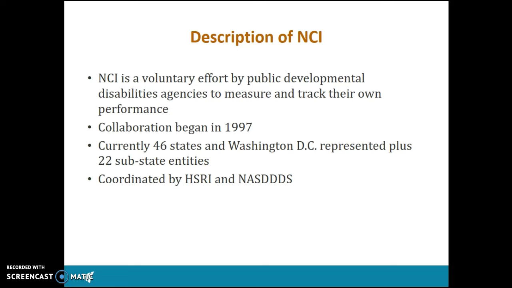We had 13 piloting states that helped us to test and refine the tool in the field. We now have 46 states, including Washington, D.C., as well as 22 sub-state entities. And the project is coordinated by HSRI, which is the organization I work for, as well as NASDDDS, the National Association of State Directors for DD Services.